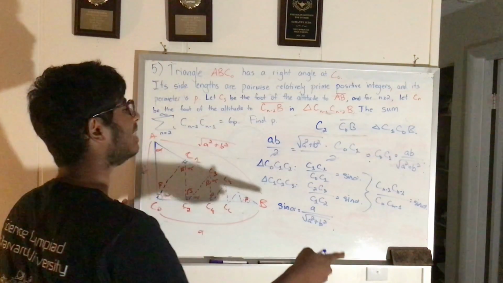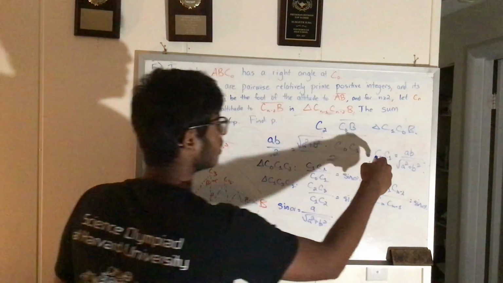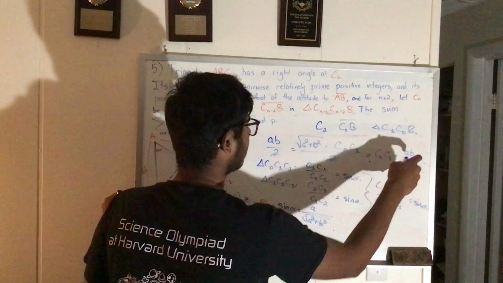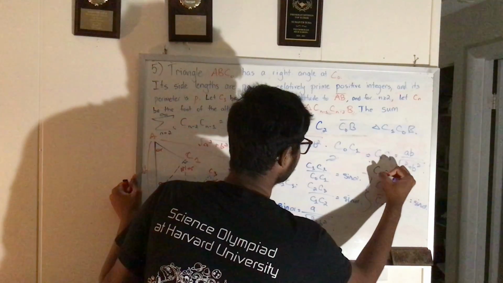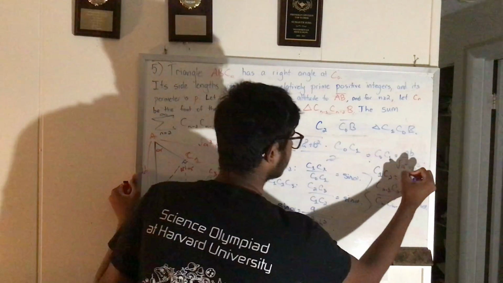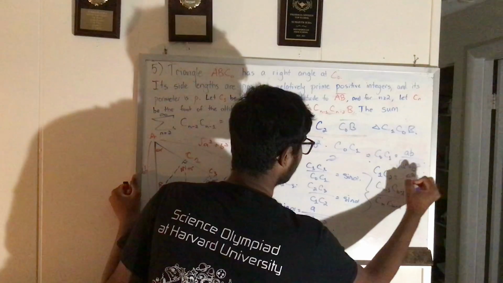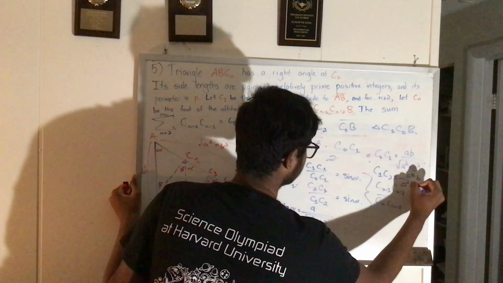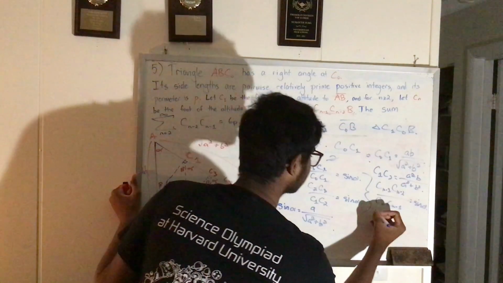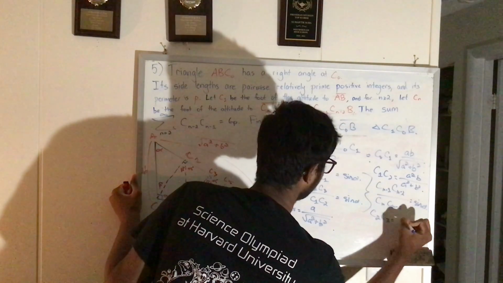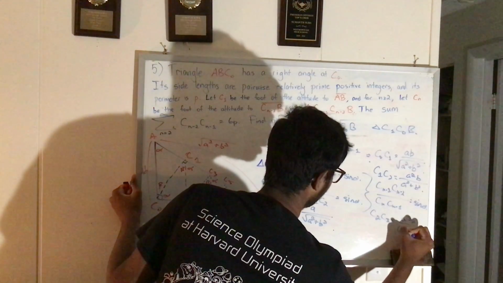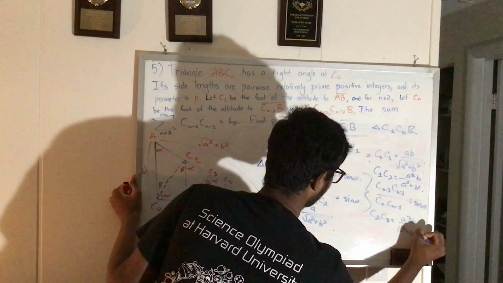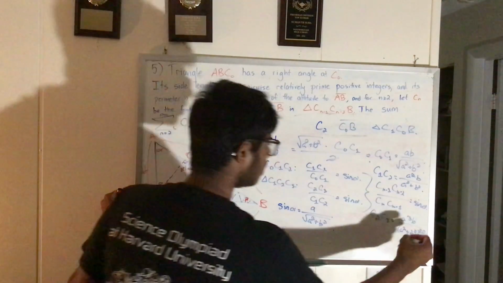If you guys don't get what I mean, I'll write out a couple terms. For example, we have C0C1 equals ab over root of a squared plus b squared. But C1C2, using our little formula, would give us a squared b over a squared plus b squared. And then the next successive one, C2C3, would be a cubed b over a squared plus b squared to the 3 halves, and so on.